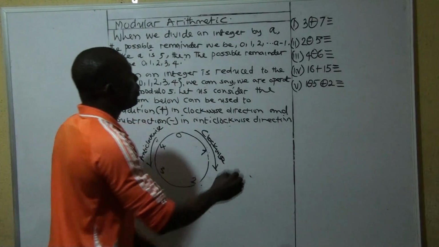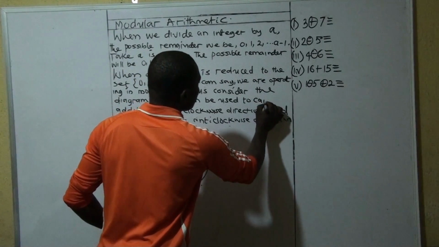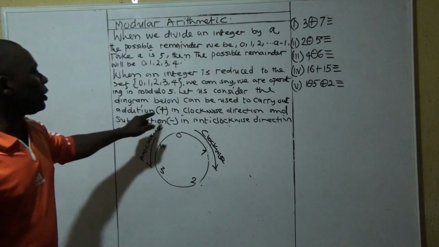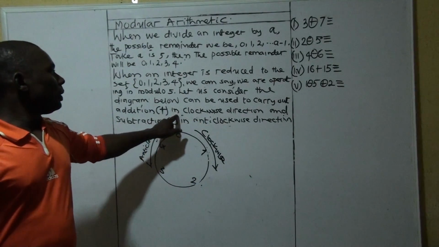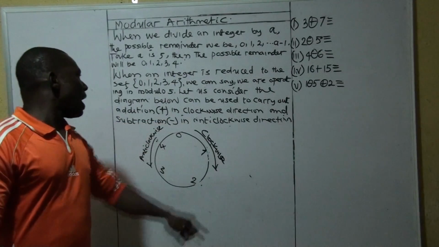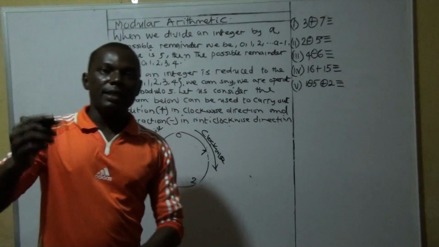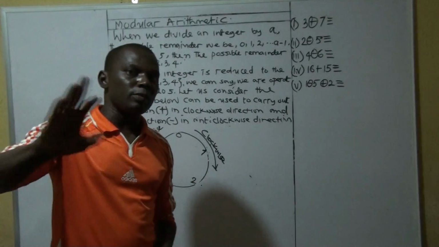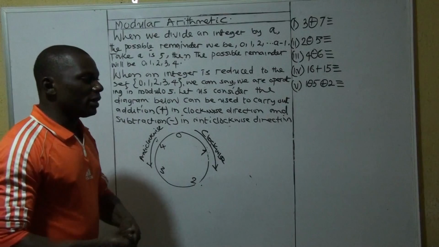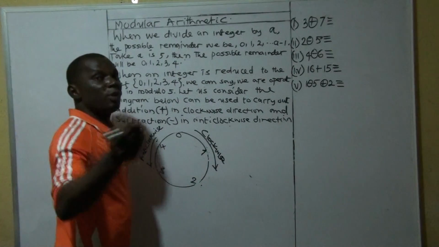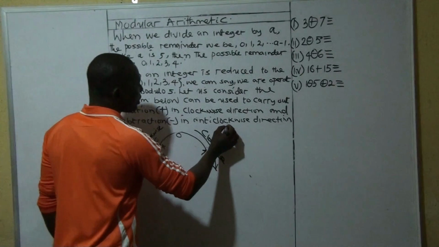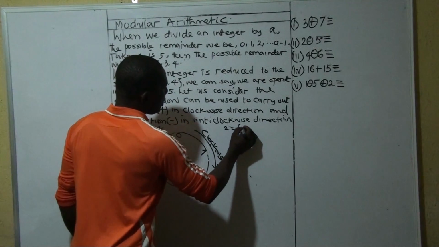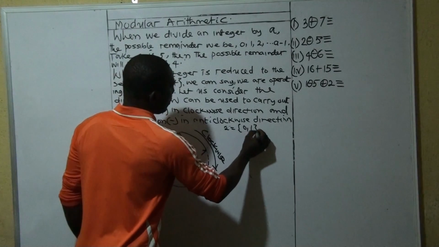We can use this to carry out addition in the clockwise direction and subtraction in the anti-clockwise direction. So we are looking at the introduction to modular arithmetic. Like I have explained, if we are operating in modulo 2, the possible set we can get is 0 and 1.